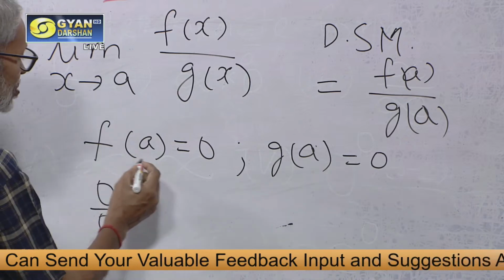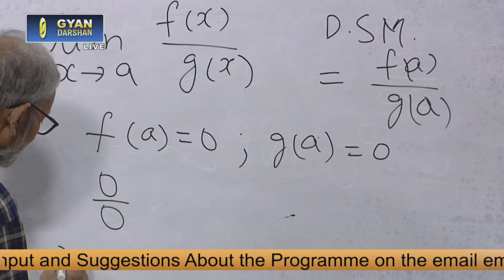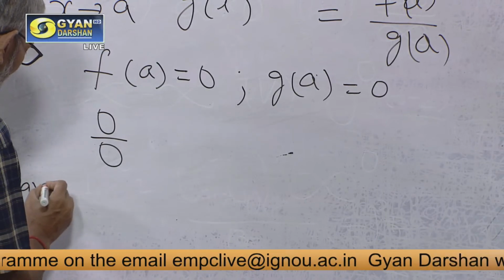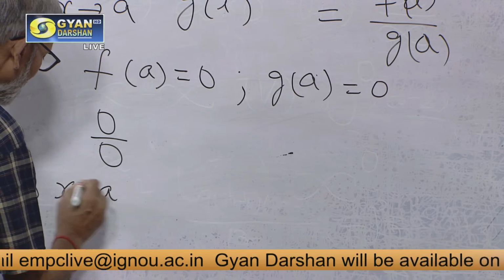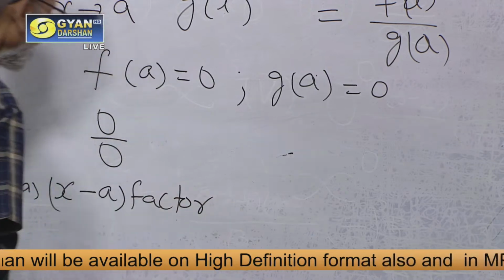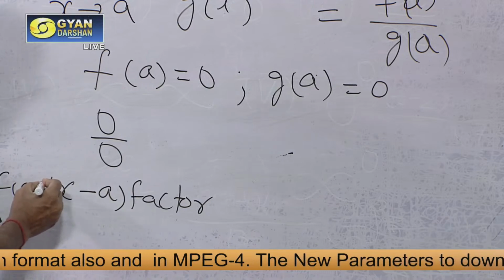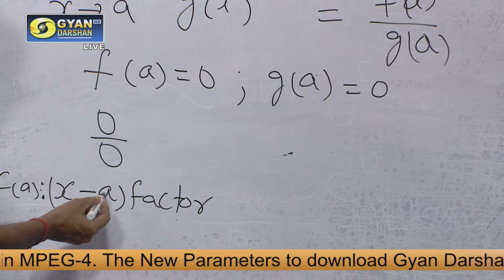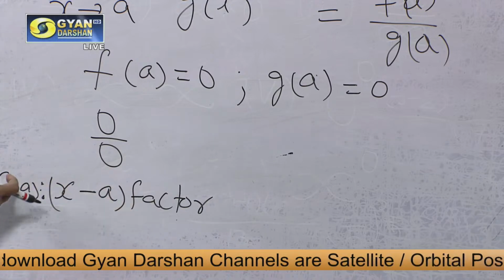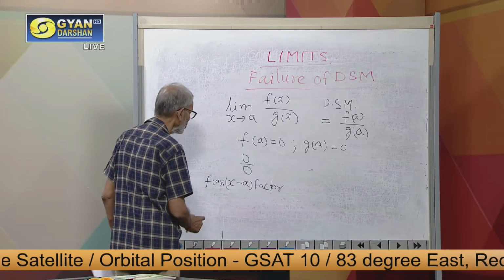Why factorization? Because when f a is equal to 0, it means that if you factorize f x, x minus a will be its factor. Why will it be a factor? Because by putting x equal to a, f x becomes 0, because f a is 0. So, x minus a must be a factor.